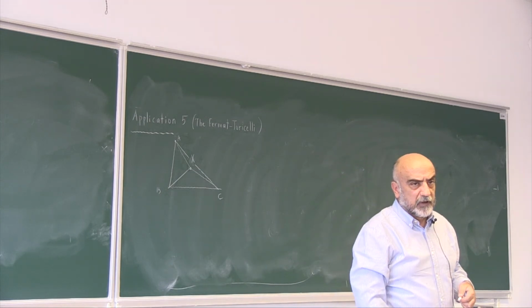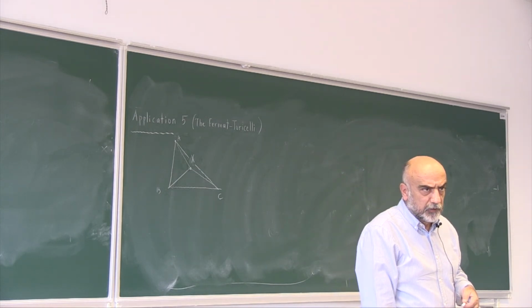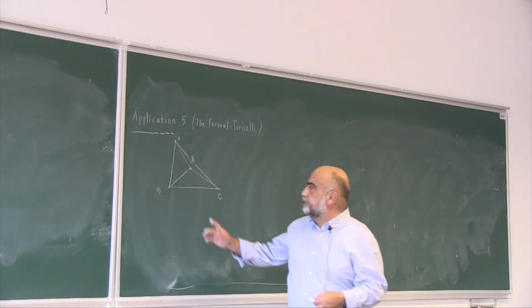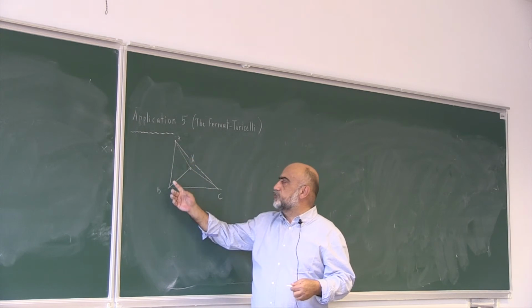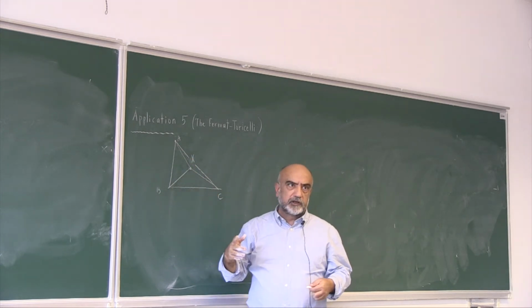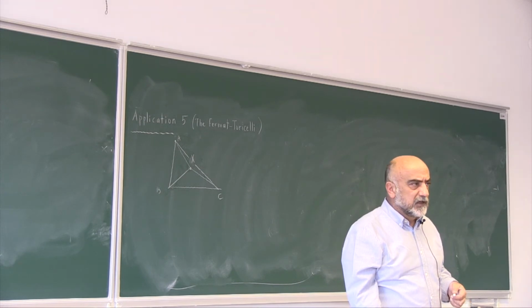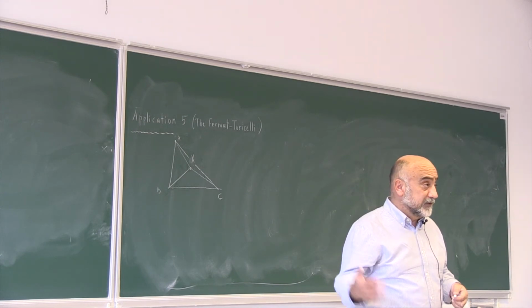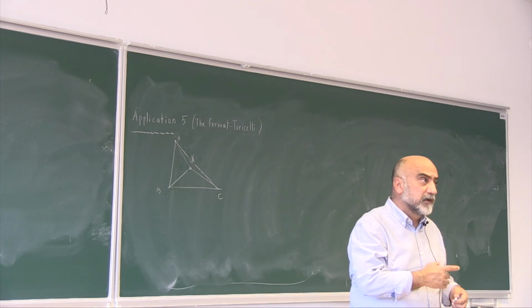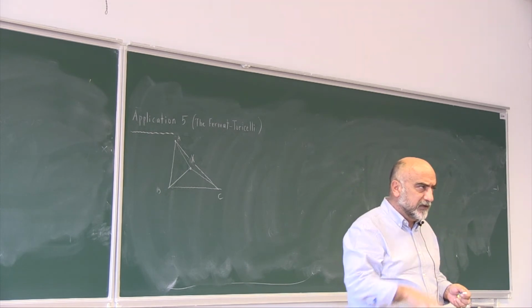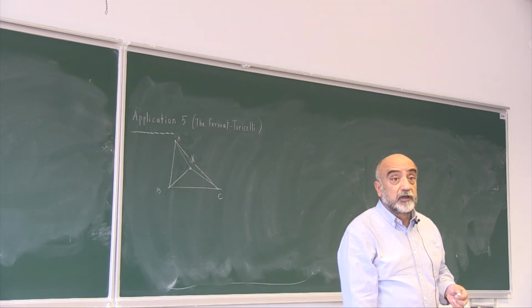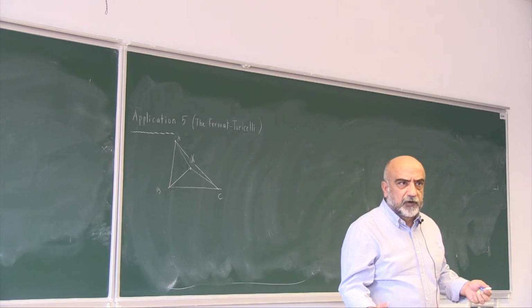That such a minimum exists is clear to you because you have done basic calculus, basic analysis. The set of points inside this triangle ABC, including the sides, is a closed set. It's also a bounded set, so it's a compact set. The sum of these three lengths is a continuous function of the point X, and it's a positive function.